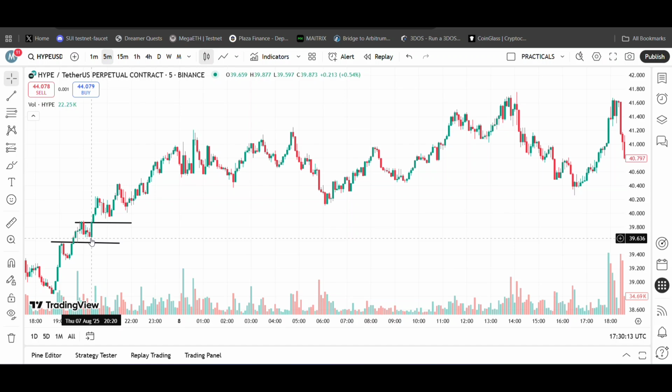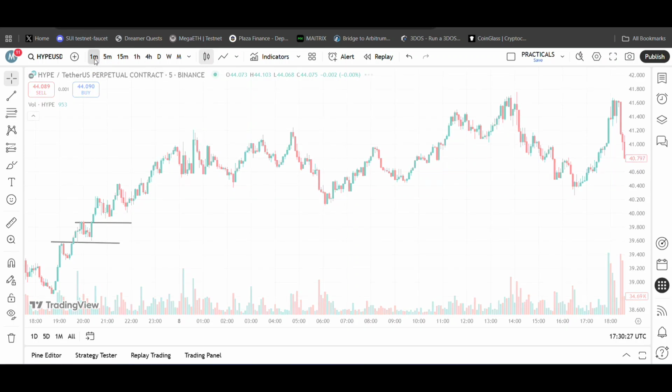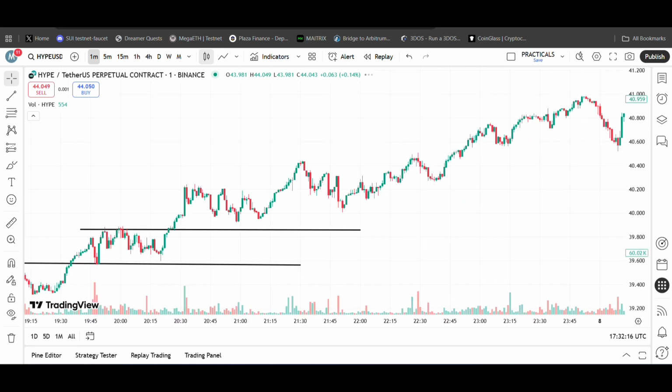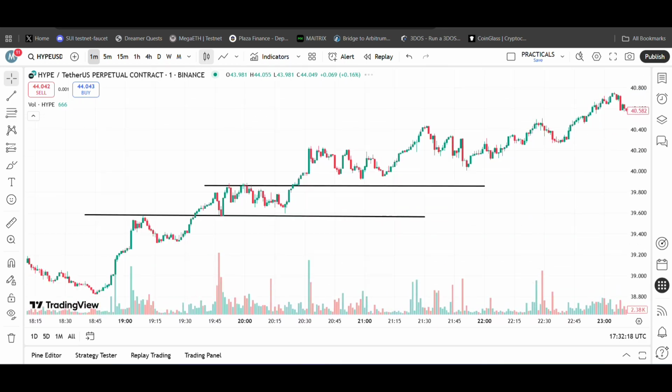Here, let's check the 1 minute time frame and see if there was actually a sign that shows that there was going to be a continuation of the bullish trend. So this is the break of structure we identified on the 5 minutes time frame.